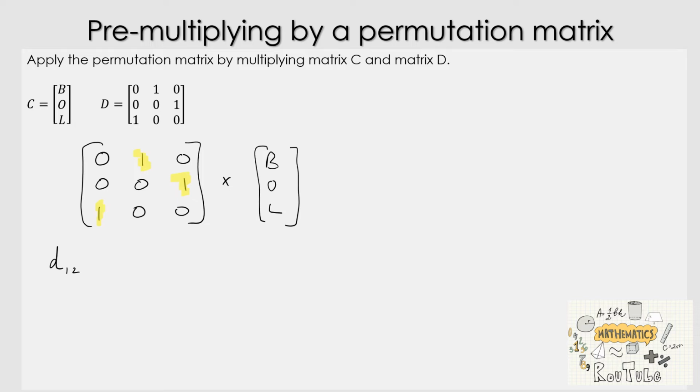So the first one is in position 1, 2, and I used a lowercase d to represent that it's in matrix D. That's the way in which we write the position of the elements. So it's in position d12. Some people write a comma between the 1 and the 2, but you don't need to.